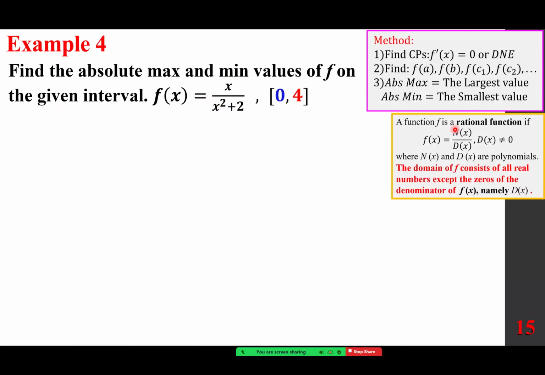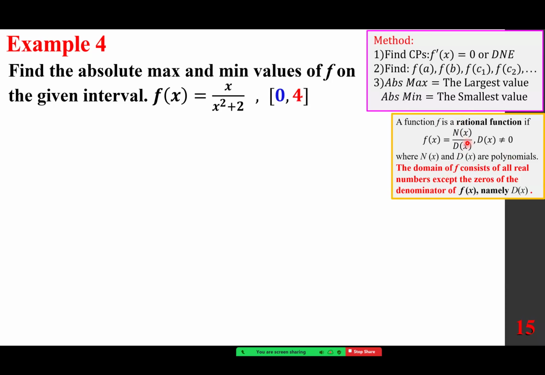A function f is a rational function if f of x is in the form of n of x over d of x, where d of x can't be 0. The denominator, as always, can't be 0, where n of x and d of x are both polynomials. That's the restriction. Remember, for rational numbers, the top and the bottom must be integers.